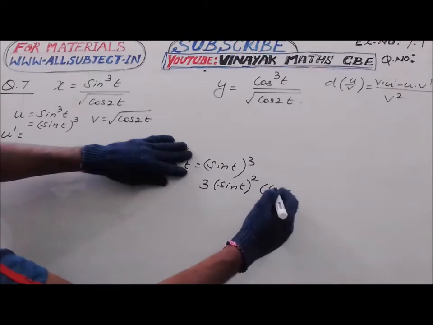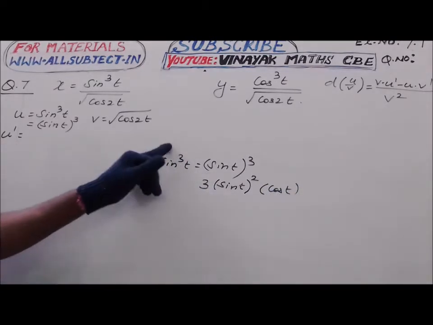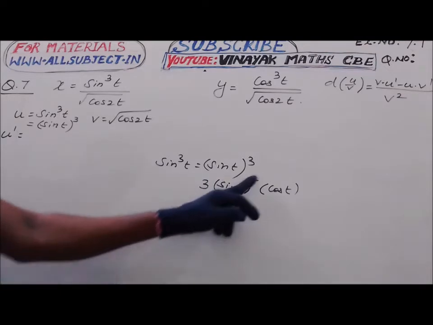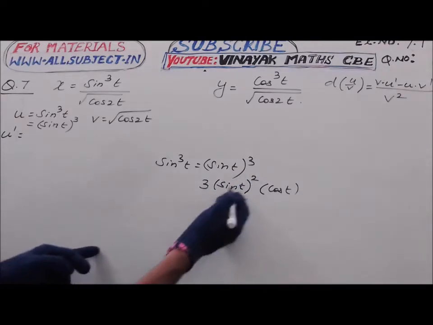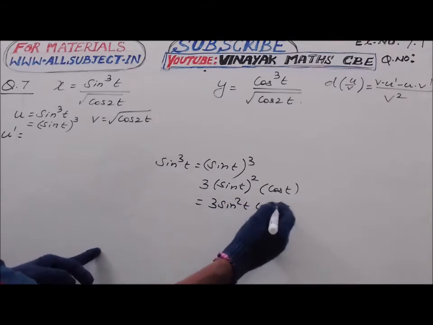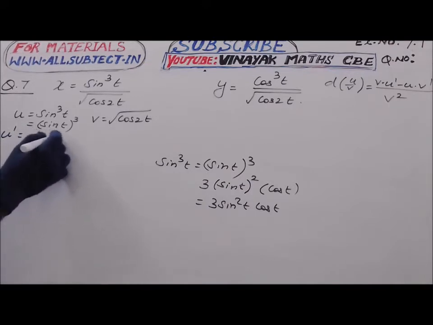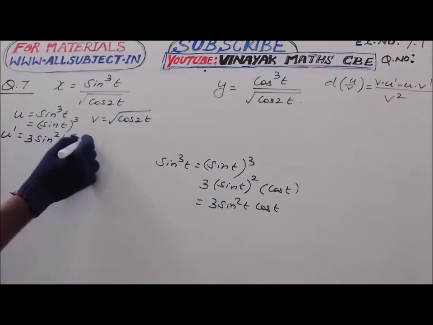Derivative of sin t is cos t. By chain rule, derivative of sin cube t is 3 sin square t into cos t. So u dash is 3 sin square t into cos t.